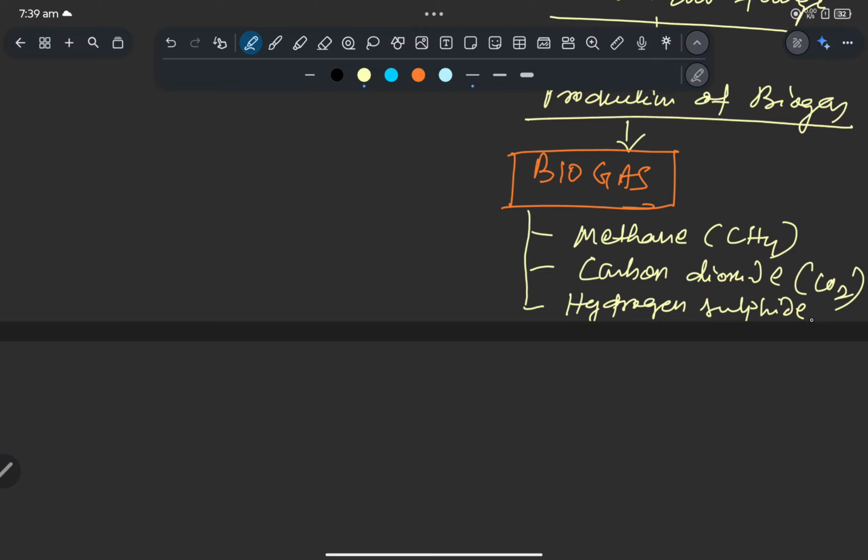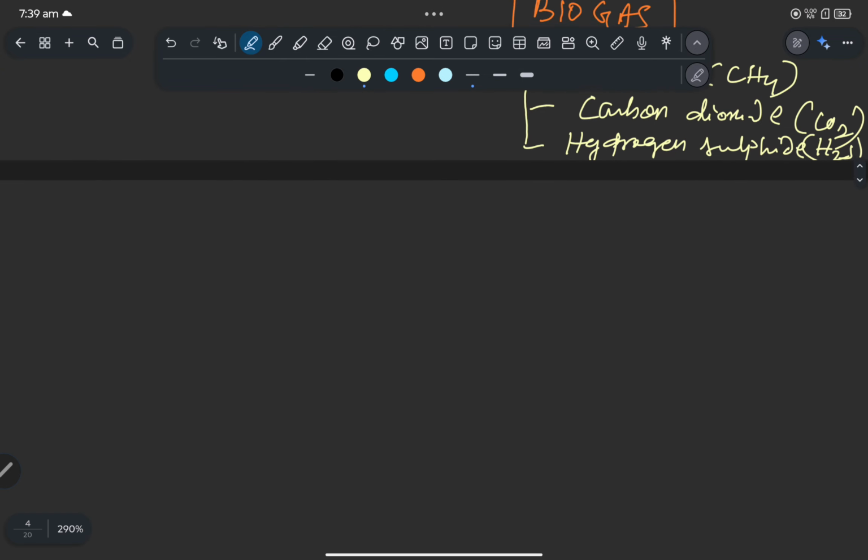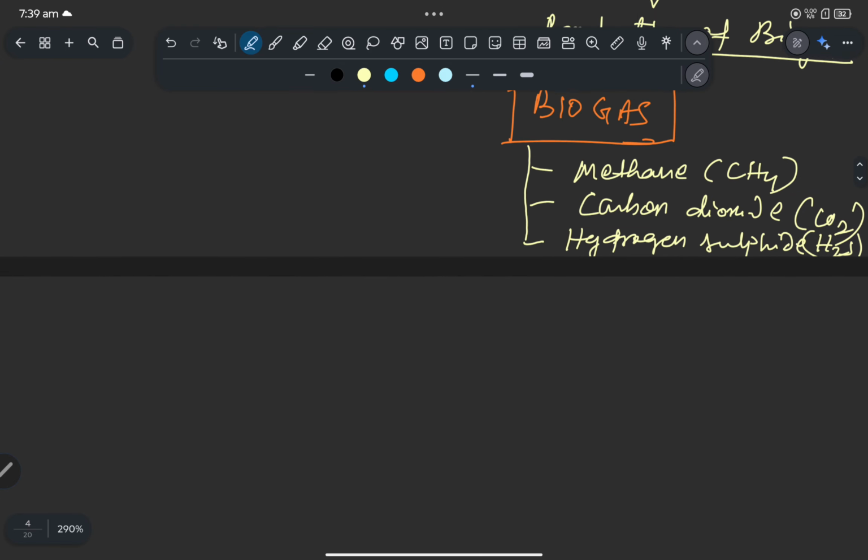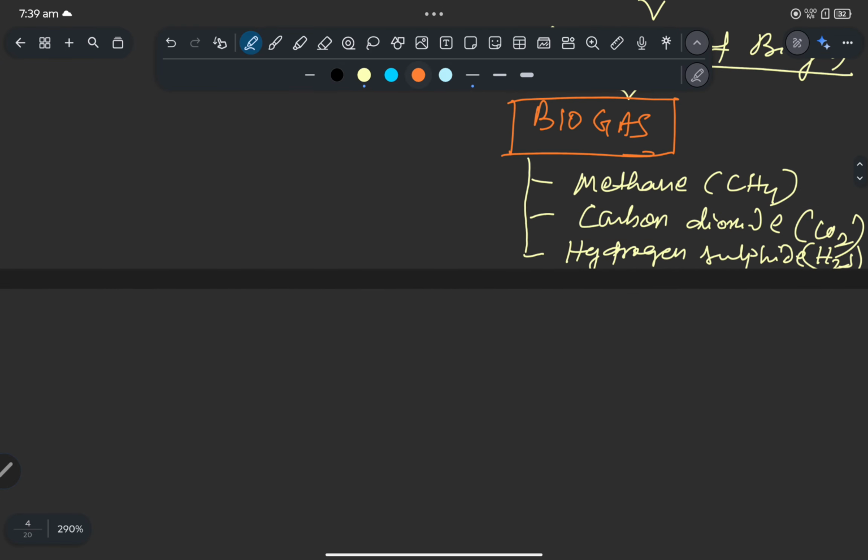Okay, that is H2S. Okay, now uses of biogas. Its uses, how it is used.